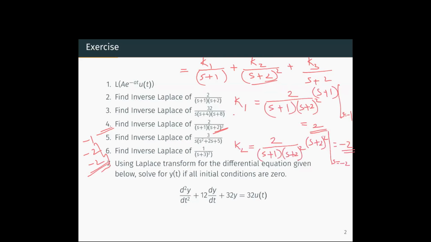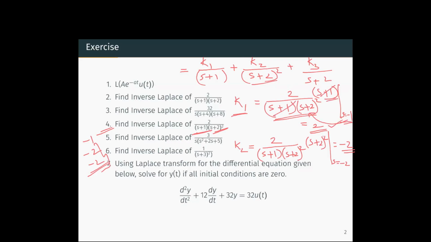To find k1, we will multiply our actual function 2 by (s plus 1) into (s plus 2) whole square with s plus 1, at s equal to minus 1. We can cancel this off and substitute. When we substitute s equal to minus 1, we get the value of k1 as 2.